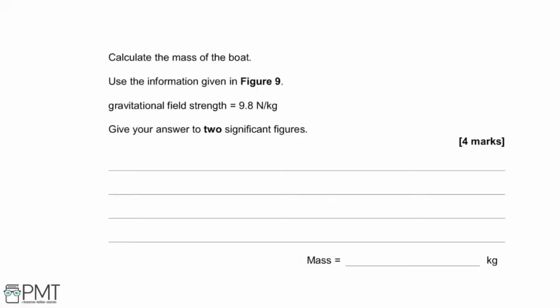Back to the question. If it's 5 centimetres, and we're told that 1 centimetre equals 5 kilonewtons, then 5 centimetres equals 5 times 5 kilonewtons, which is 25 kilonewtons.